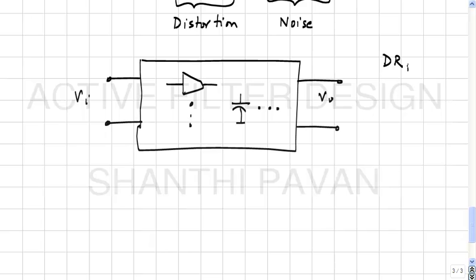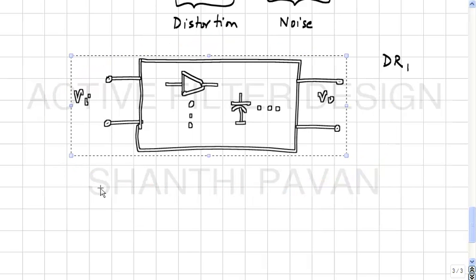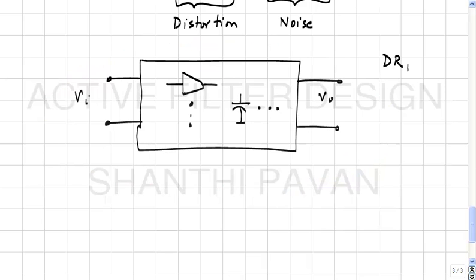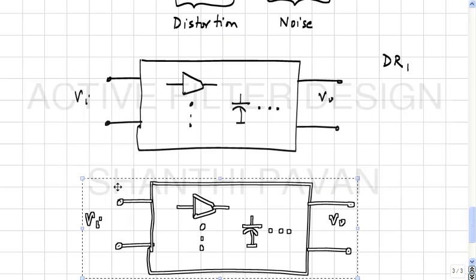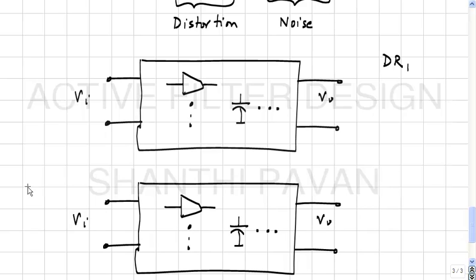All right. Now, if I took another identical filter, in other words, I copy and paste, what will be the dynamic range of this filter F2?